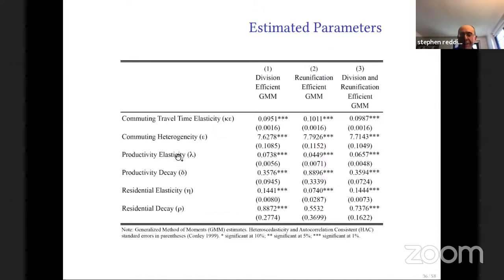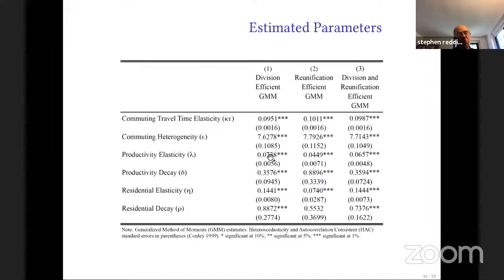In terms of agglomeration externalities in production, we have an elasticity of productivity density of around 0.07, which is a bit on the high side compared to the existing literature across cities. The upper end of the range tends to be between 3 and 7, so we're at the top of that range. But the other thing we see is that these production externalities decay rapidly in travel times, with very high exponential decay parameters.